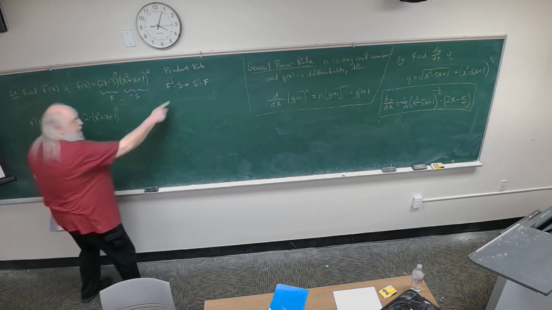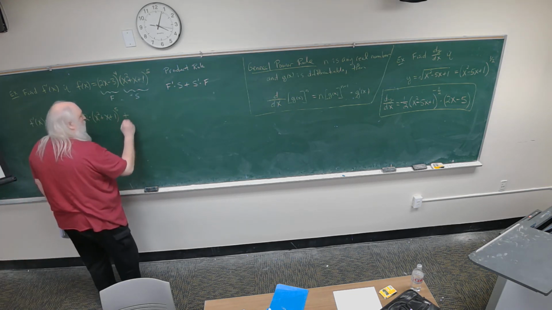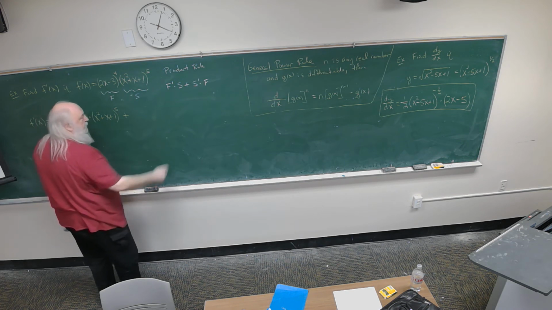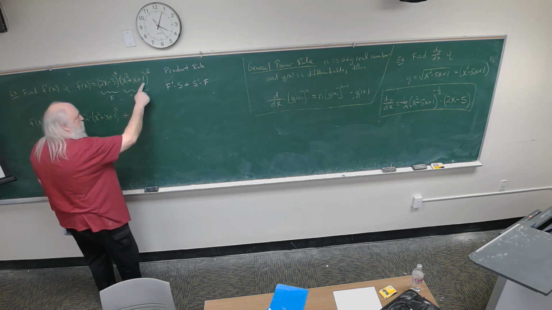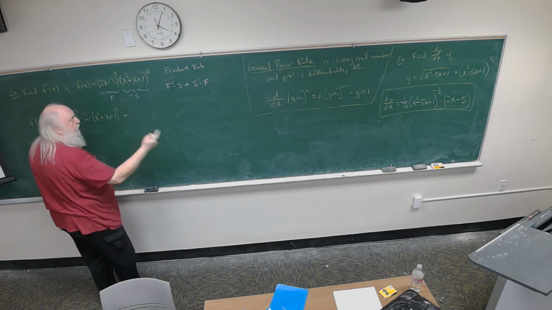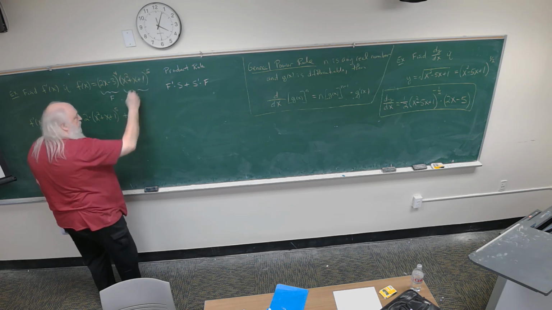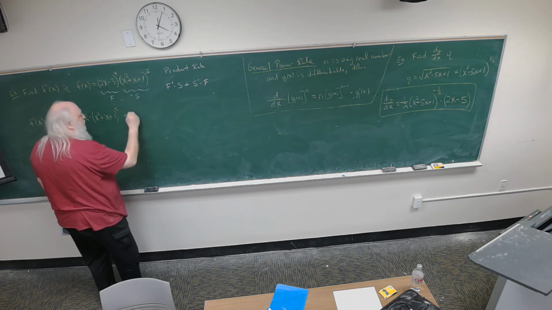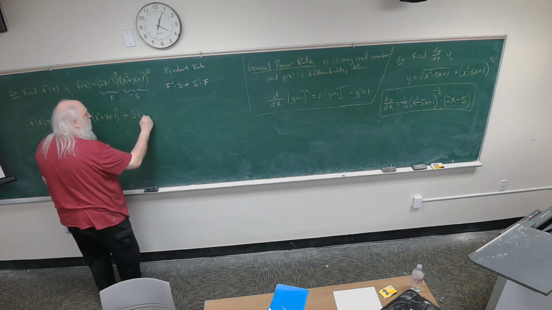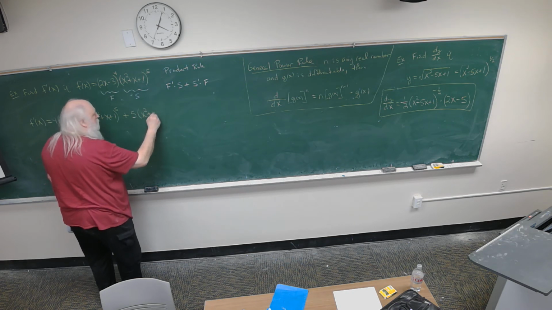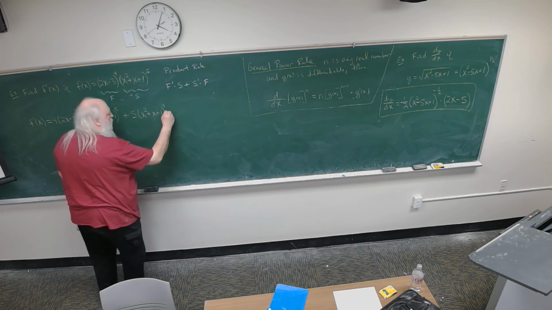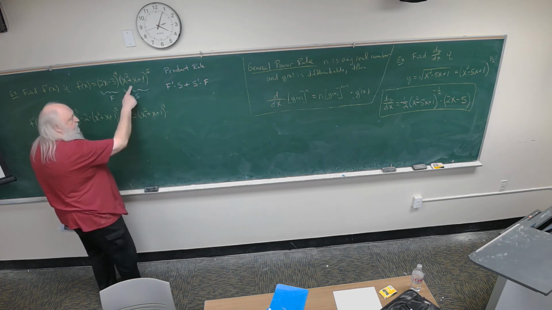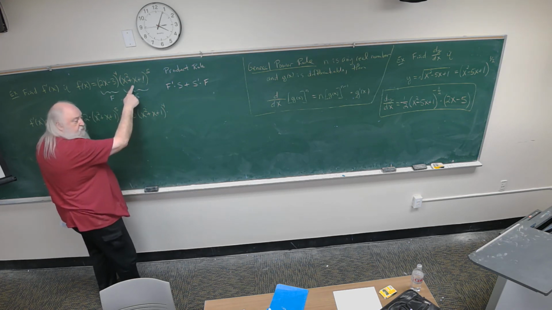Now you have to add, and find the derivative of the second function, (x squared plus x plus 1) to the fifth. So we apply the general power rule again. Bring the 5 down in front of the left parenthesis, subtract 1 from the exponent, and multiply by the derivative of what's inside the parentheses.